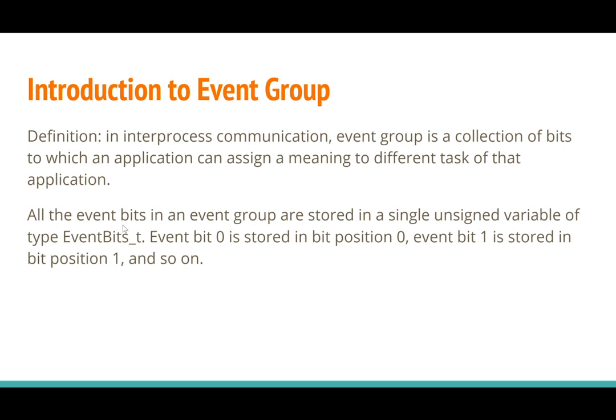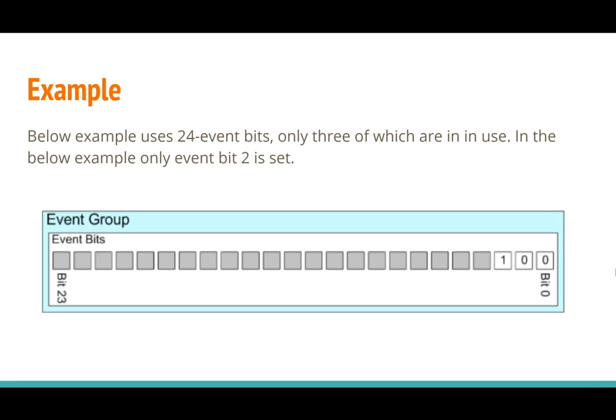So all the event bits in an event group are stored in a single unsigned variable of type EventBits_t. Event bit 0 is stored in bit position 0, and event bit 1 is stored in bit position 1, and so on. Let's go to the next slide.